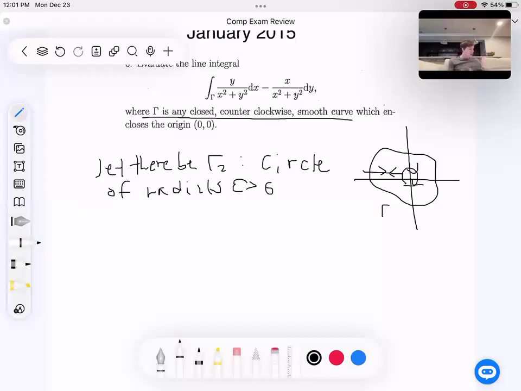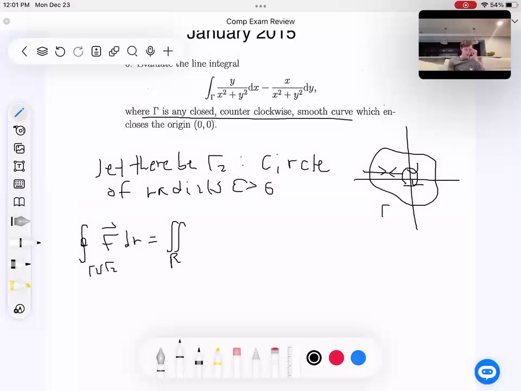So essentially, what's going to happen is the line integral of gamma union gamma 2 of, and I don't want to write it all out, F dr, we are going to be able to use Green's theorem on that. That's going to be over this new region with that little hole cut out in the center.